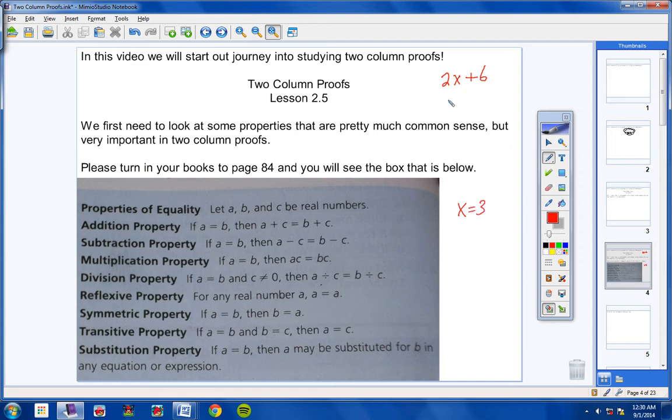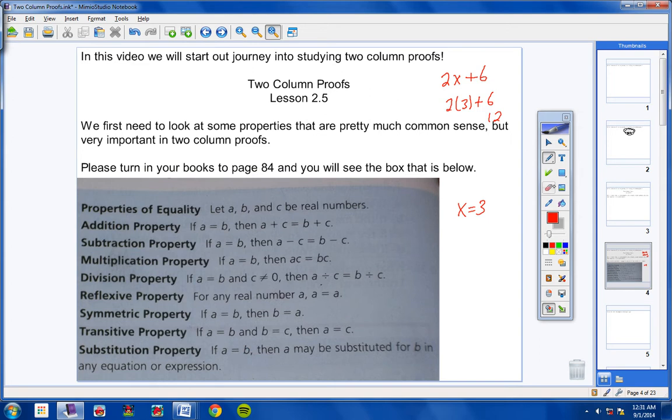We know that where the x is, we can substitute 3. And of course, you would get out 12. 2 times 3 plus 6. And so that's what the substitution property is saying. If A equals B, then you can put A in for B, or you could put B in for A, for that matter.